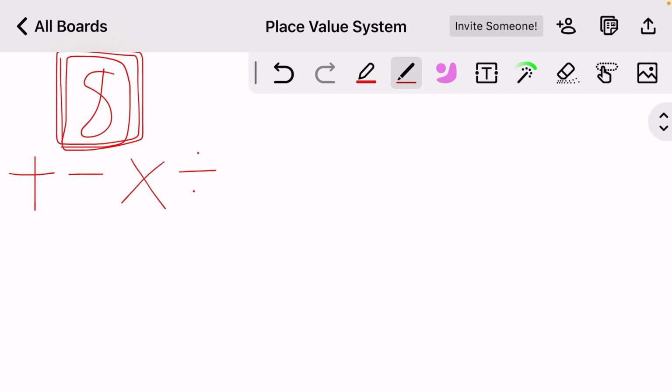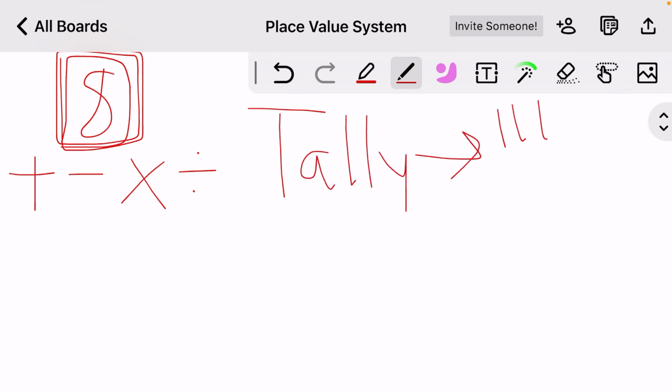If somebody were to ask me that question, what I would naturally move towards is two things. The first thing that I would try to do is tally marks. So I would do something like this.